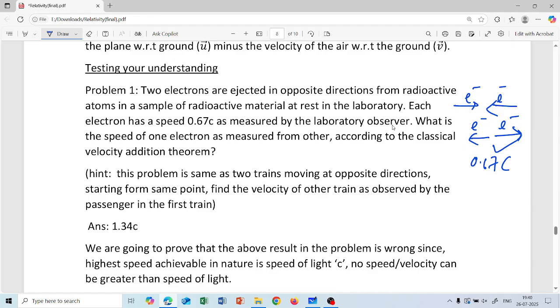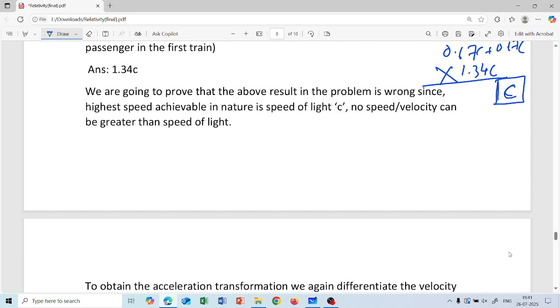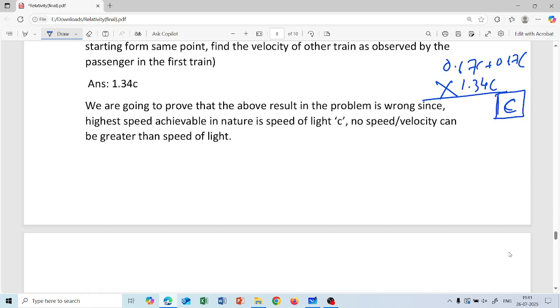If we simply add, since they are in opposite directions, we may get 1.34 c. This is wrong, because we know that the highest speed is c; we cannot go more than c. Speeds are not greater than c in nature. So we have to find what is wrong here.